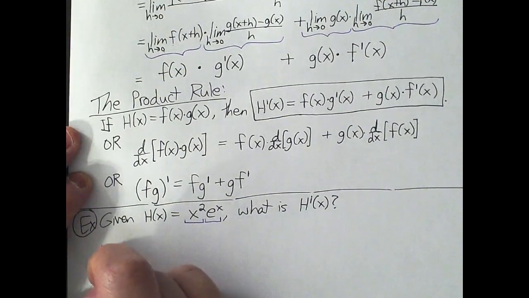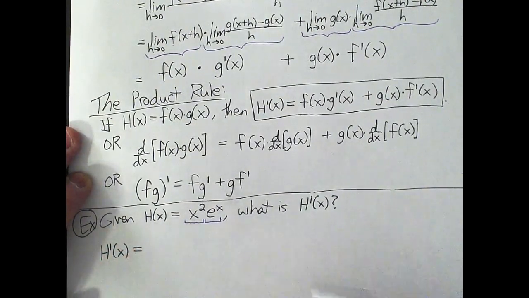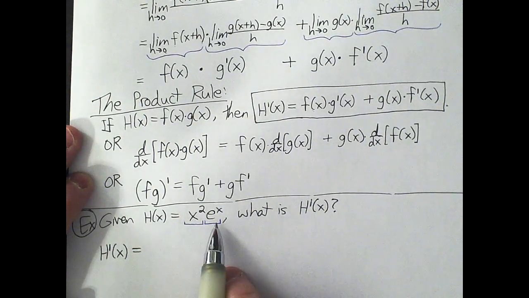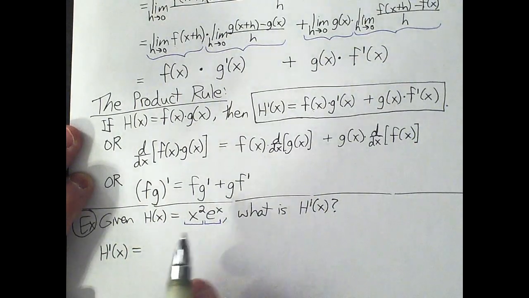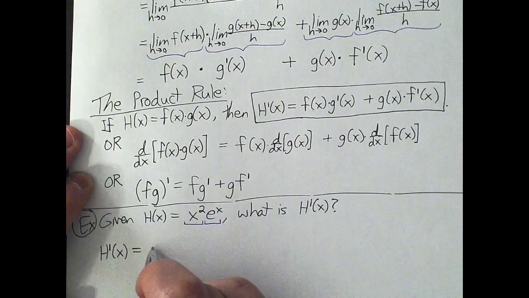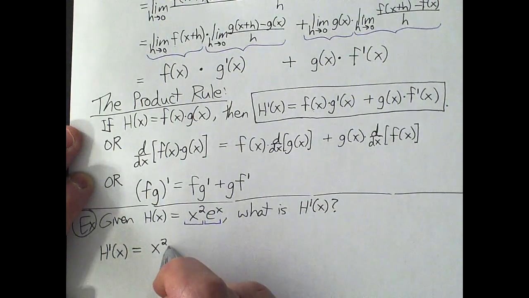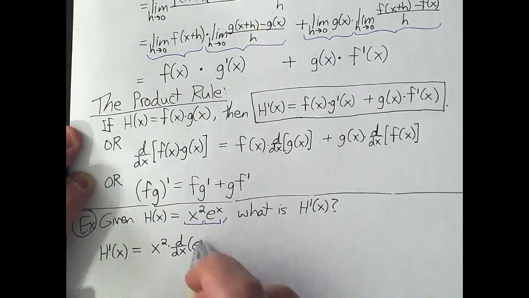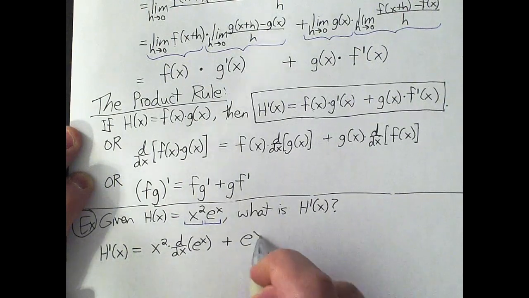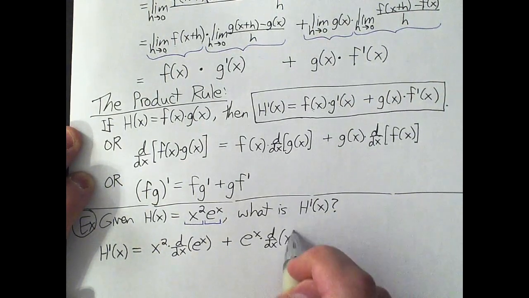But according to the product rule formula, if I think of x squared as f and e to the x as g, then I need f of x times the derivative of the second function plus the second function times the derivative of the first function.